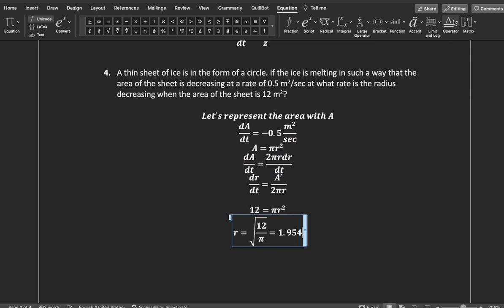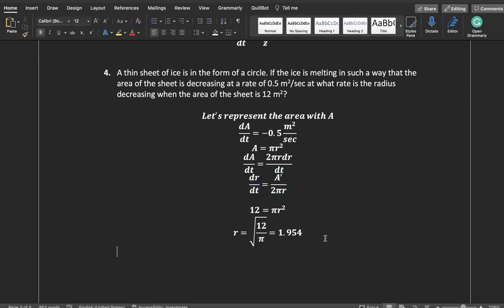So now from this formula here, we're given that A is equal to pi r squared, right? And for a given value of A equal to 12, just like in the problem, we can find the value of r squared. In other words, r is basically equal to the square root of 12 divided by pi, and that should be equal to 1.954. Now we have that, we can already estimate what the value of dr over dt is equal to. So knowing A, knowing r, we can say dr over dt is the change in A, which is minus 0.5 divided by 2 pi multiplied by the radius, which is just 1.954.